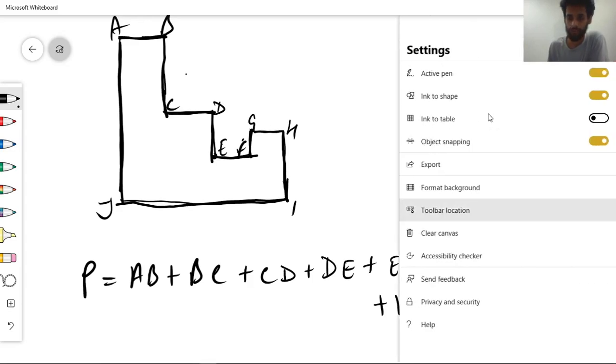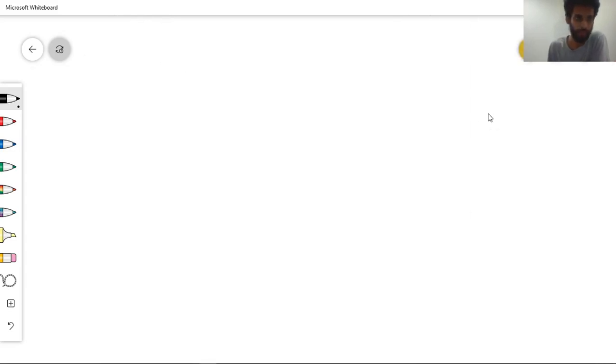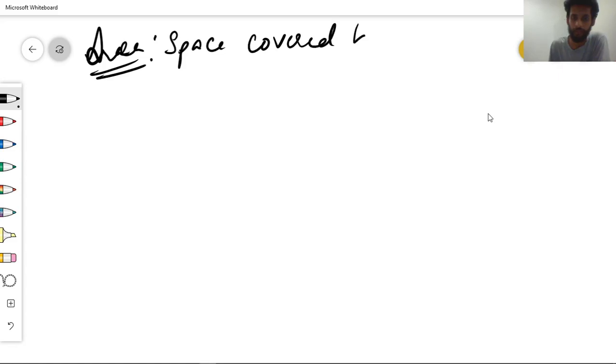So now let us go to the area part. Area, for the same figure, is the space covered. Area means actually the space covered by the shape.